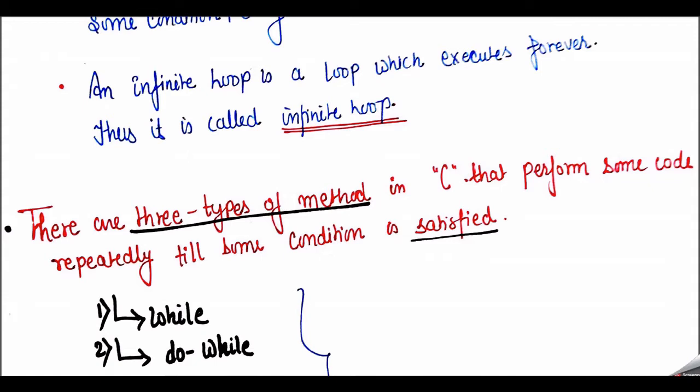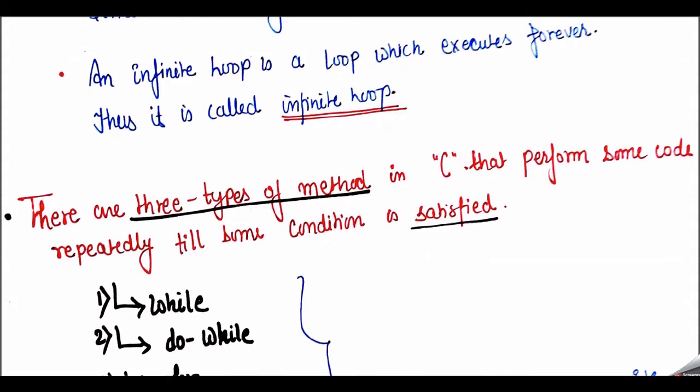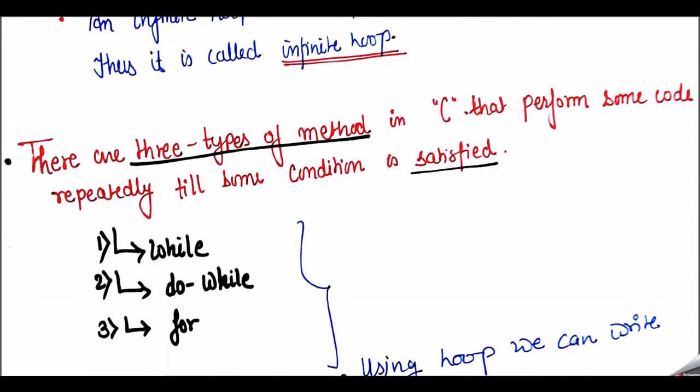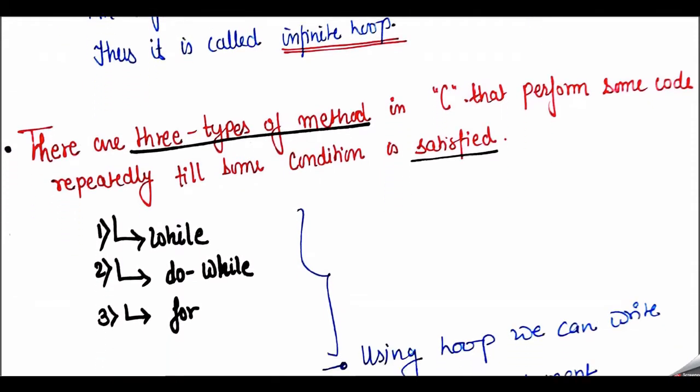Now, in a programming language, there are three types of loop statements. The first one is the while loop, the second one is the do while loop, and the last one is the for loop. These three are equal in terms of function, but the writing style, that is, the syntax of these loop statements, is different from each other.